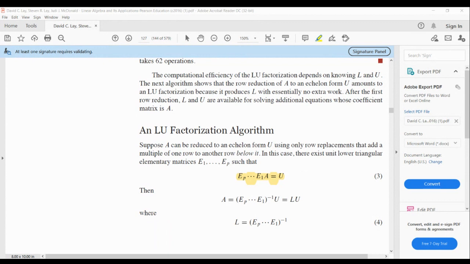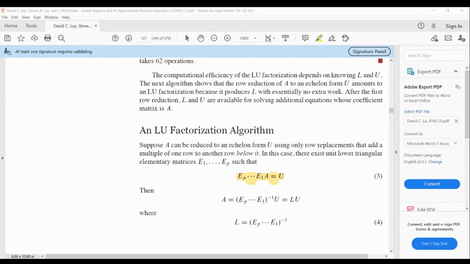Elementary matrices multiply the matrix A, and elementary matrices corresponded to row operations. So when you do row operations, mathematically, they can be represented by taking a sequence of elementary matrices and multiplying them by the matrix A.